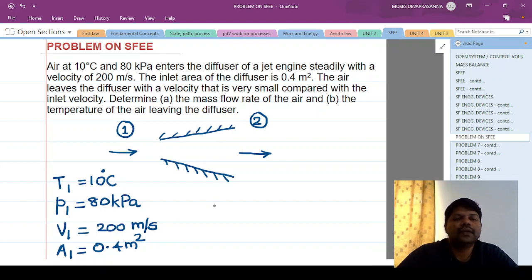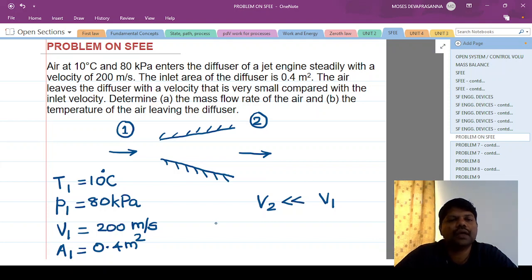Okay, and then if you look at the next sentence of the problem, it is given like this: the air leaves the diffuser with the velocity. That means the velocity at the exit of the diffuser V2 is very small compared with the inlet velocity. So inlet velocity is V1. When we compare V2 with V1, V2 is very small.